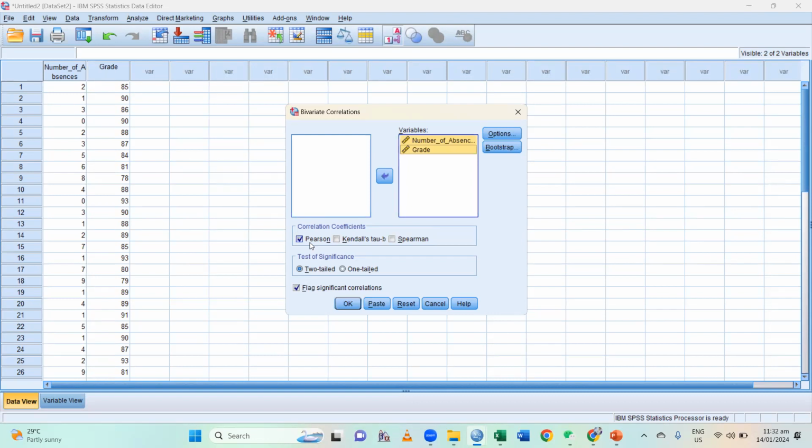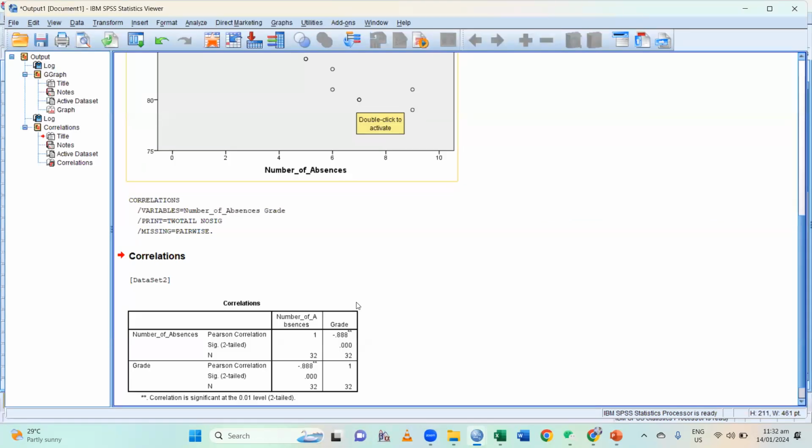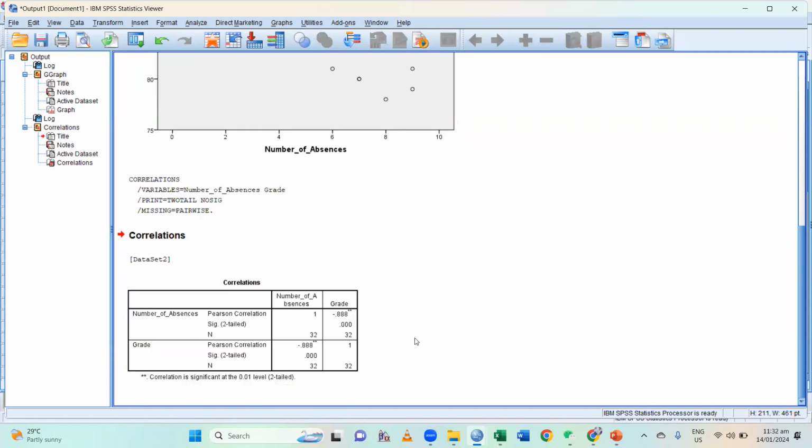It should be checked by default. And if you are done with this, click OK. And it will look like this. Take a look. As expected, negative 0.888. Correct?